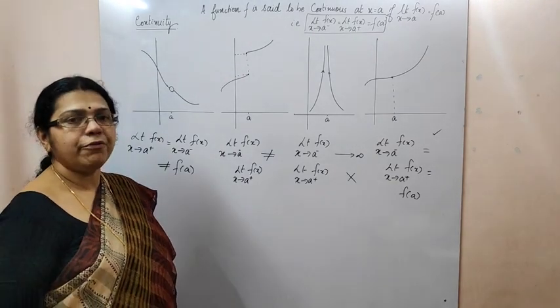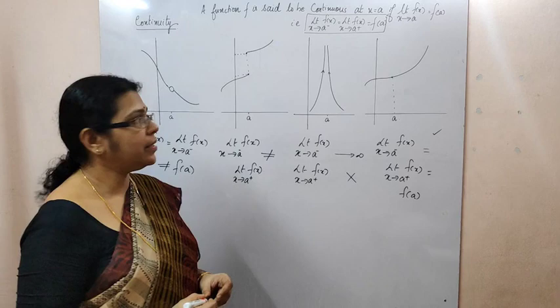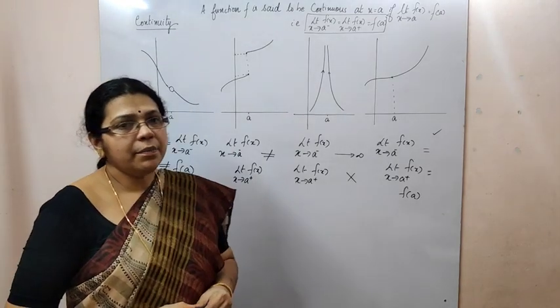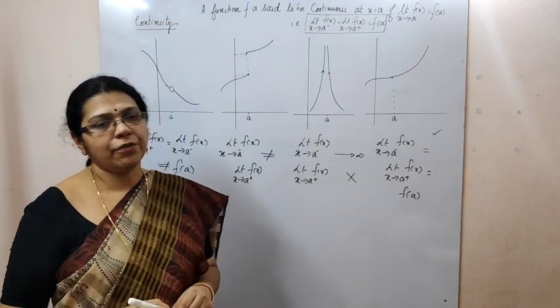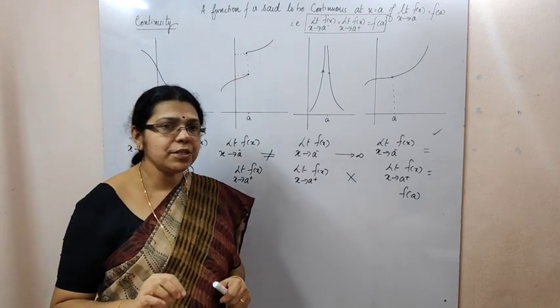So I repeat, a function f is said to be continuous at x is equal to a if limit x tends to a, f of x is equal to f of a. Now limit x tends to a f of x is meaning what?